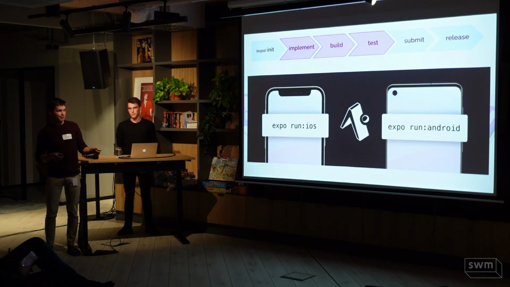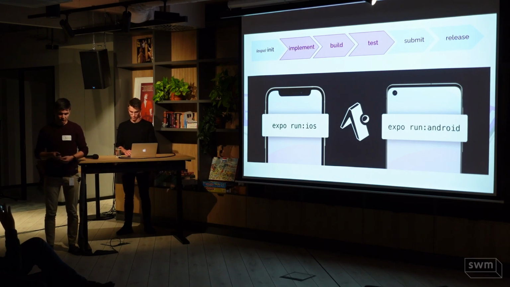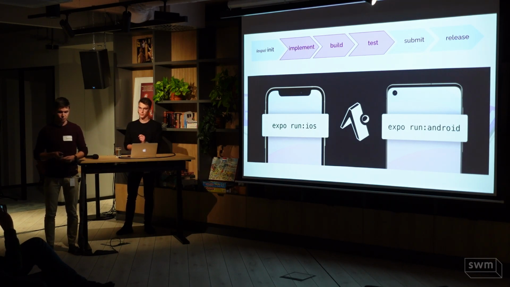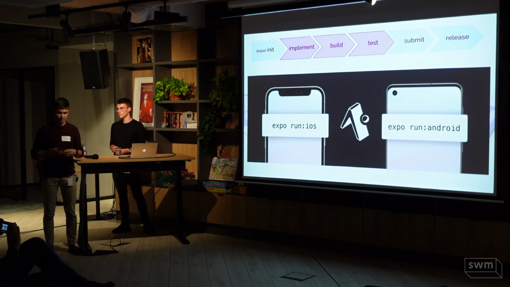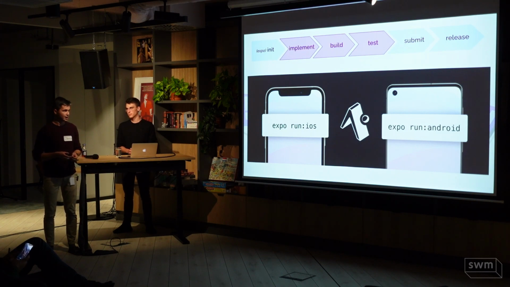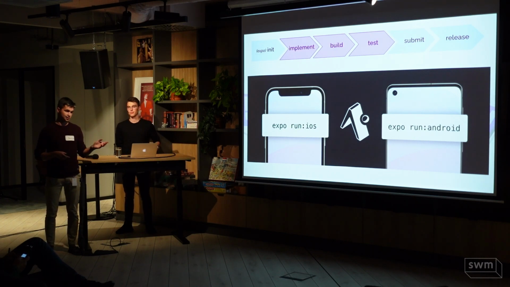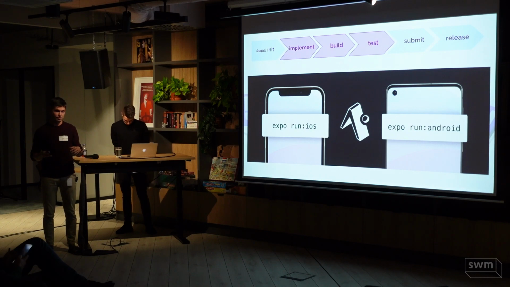And that solution might be Expo run command. It's a pretty new command that allows you to build any React Native project using Expo tooling. And this project can contain any React Native library that includes native code or not.